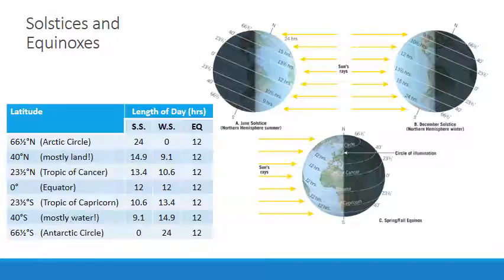So the length of daylight on the summer solstice in the northern hemisphere, June 21st, is greater than the length of night. That fact can be established by examining figure 2.6, which is this one I have in here.